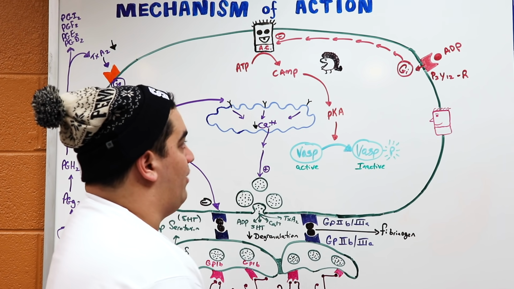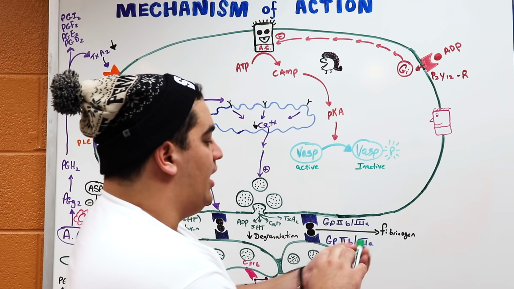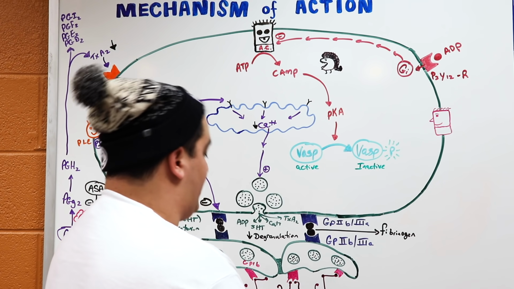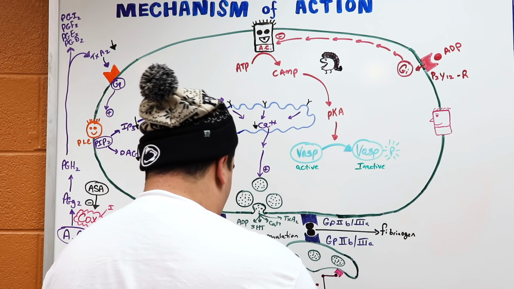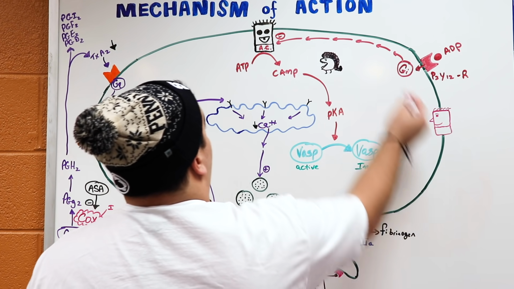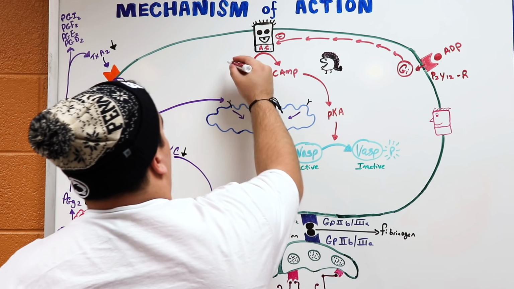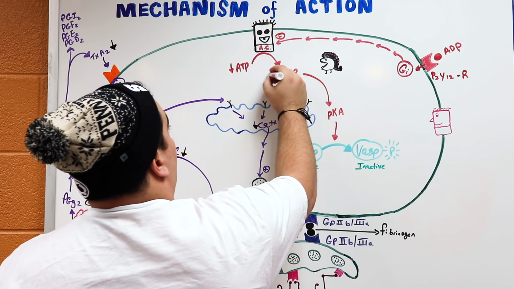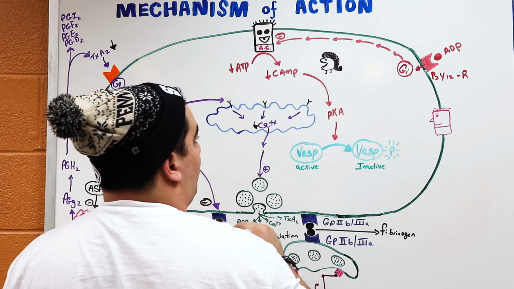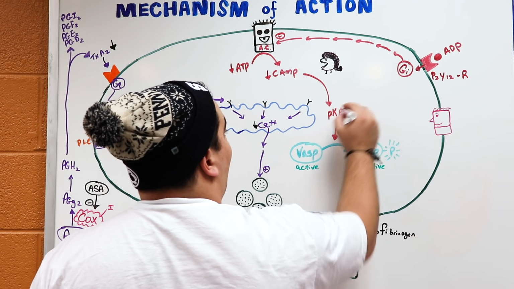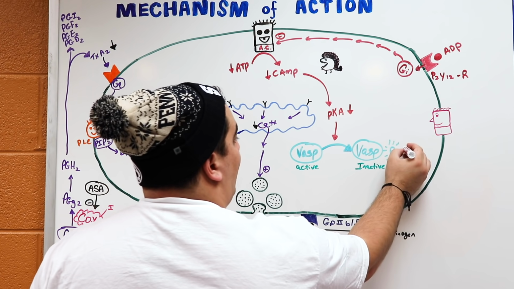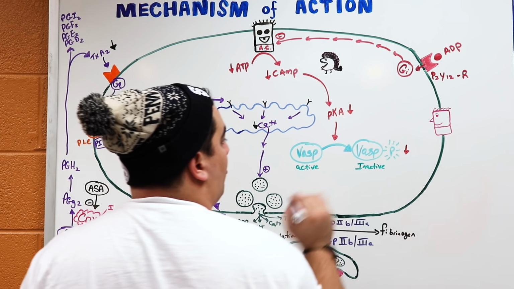Here's what's really interesting. What did we say ADP does? Let's follow the whole process here. It stimulates the G inhibitory protein, which inhibits adenylate cyclase. That means there's less ATP converted into cyclic AMP. There's less protein kinase A, and there's less of this VASP-P being formed.